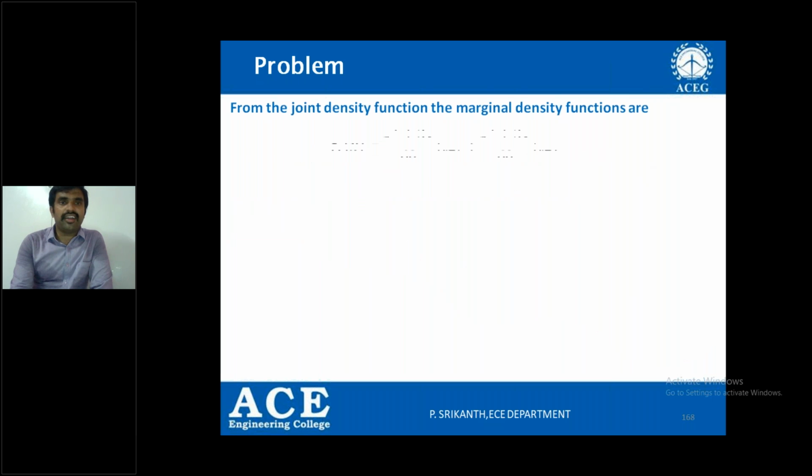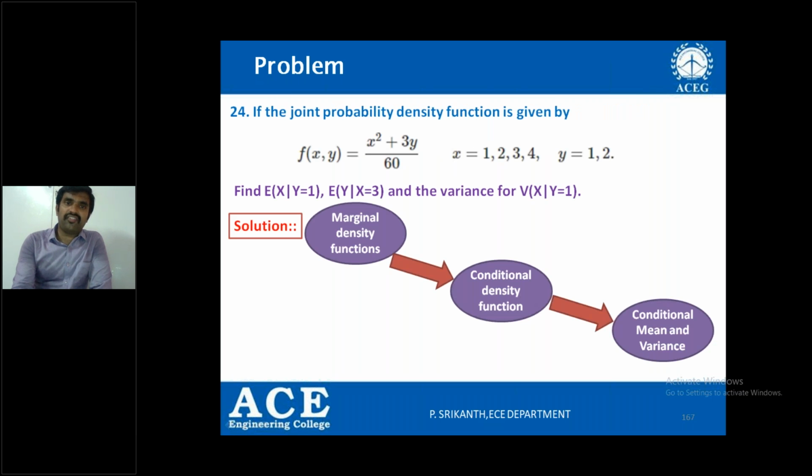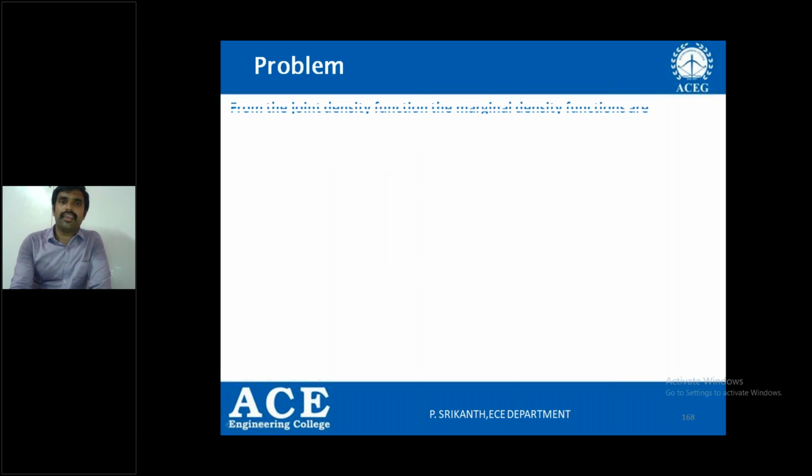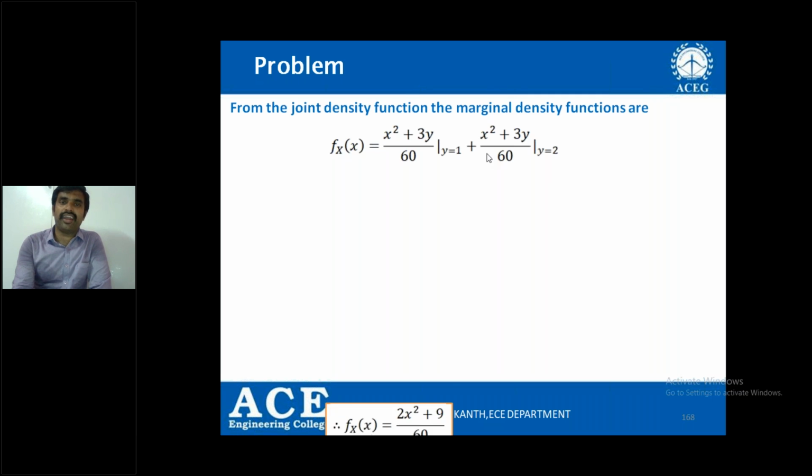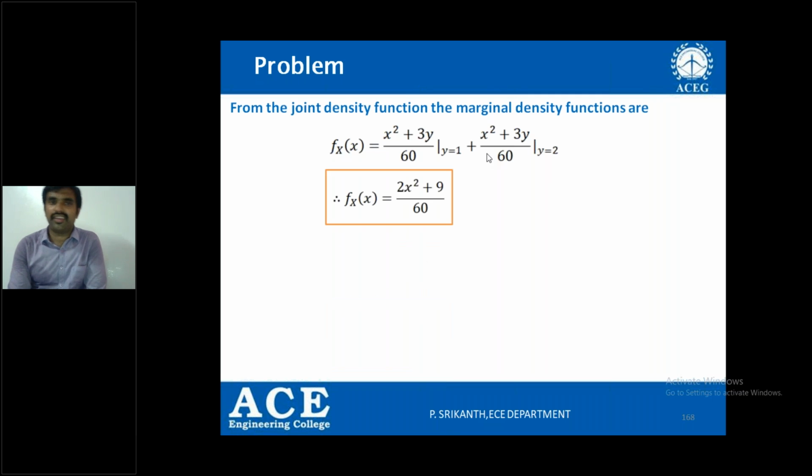Therefore, the marginal density function of x equals (x square plus 3y) by 60 when y equal to 1, plus (x square plus 3y) by 60 when y equal to 2, and these two values must be added. So fx of x is (2x square plus 9) by 60. I am substituting the y values: 3 into 1 is 3, 3 into 2 is 6, and 6 plus 3 is 9. That is fx of x.